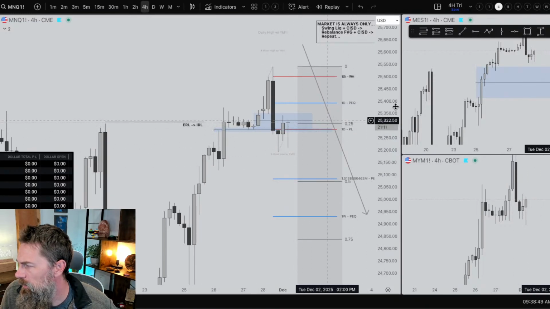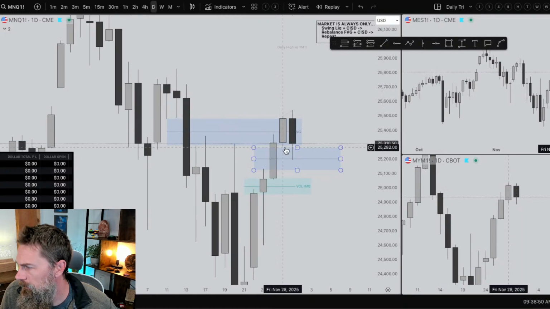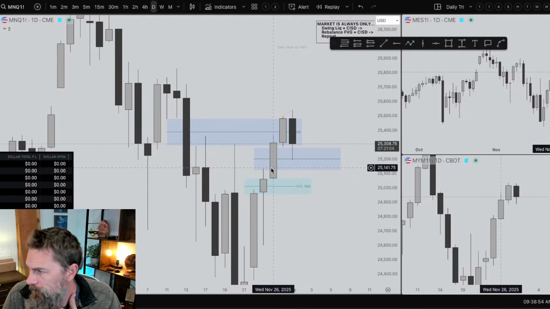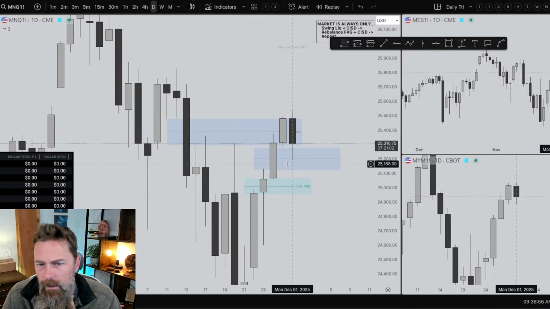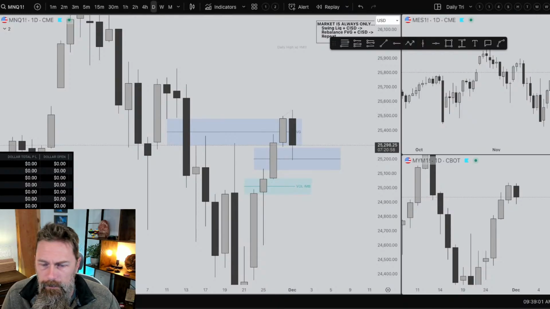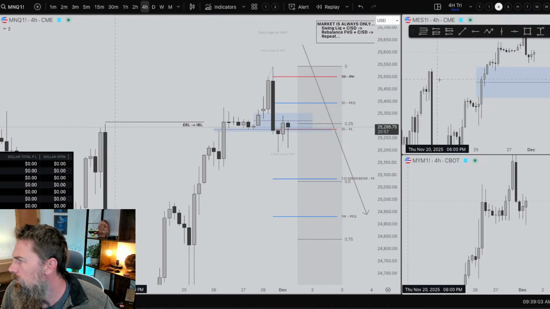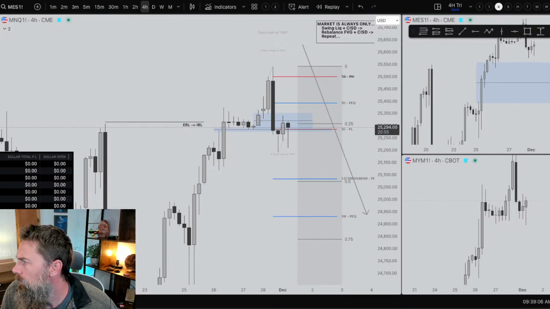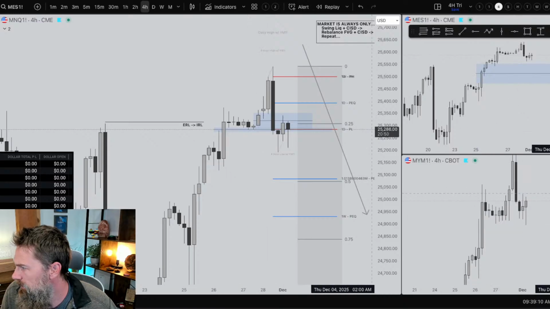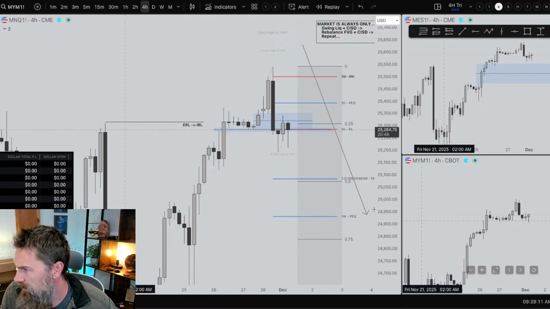Finding support on the previous day low right now currently. So on the daily, we tapped into this gap, which if it's super bullish, that might be all it needs. The 4 hour does look overextended. I would like to see some rebalancing on all of the assets.